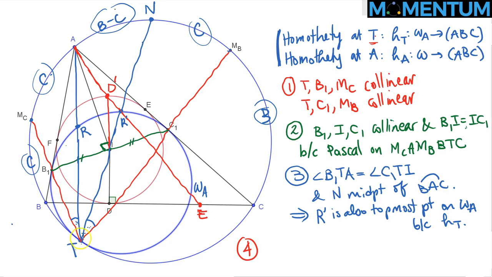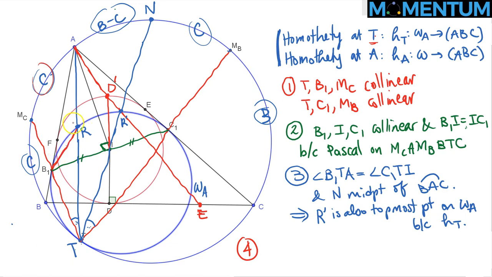Notice that due to homothety centered at T, if arc MCA measures C, it must be that arc B1R also measures C. So let me go ahead and connect B1R.